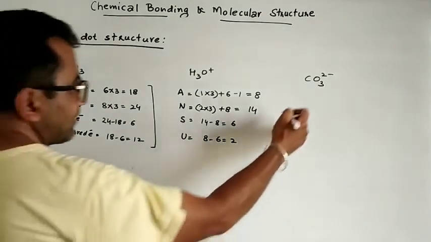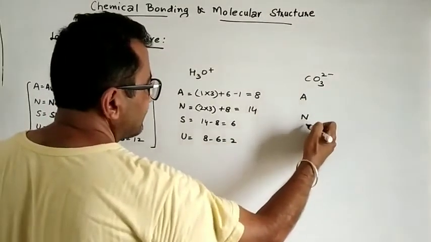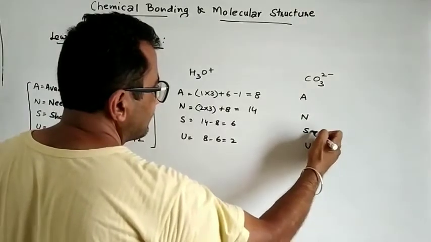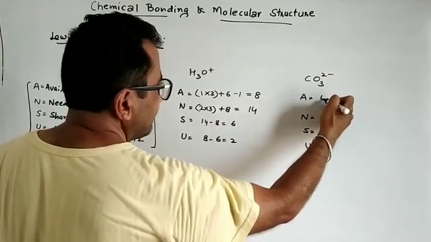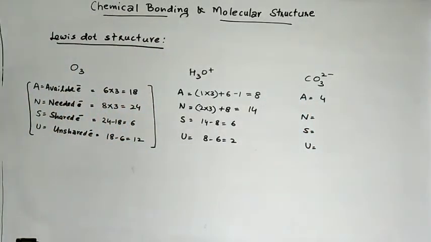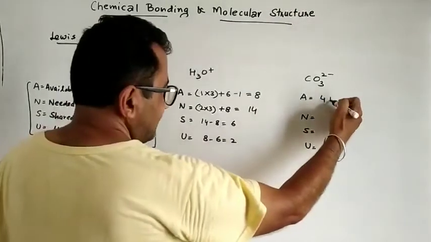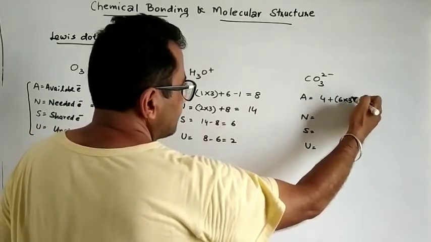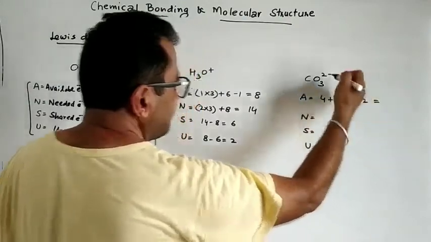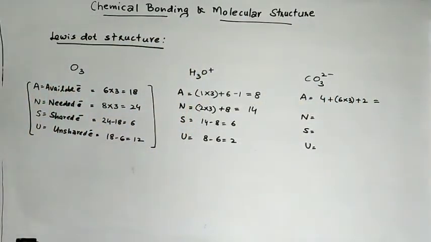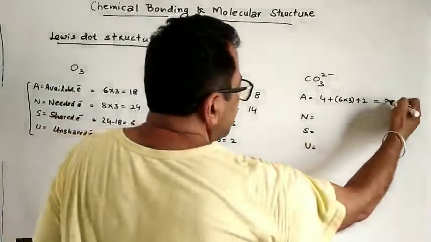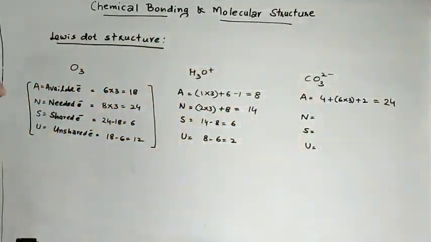Let's see it for the carbonate ion. Available valence electrons of carbon, 4, plus valence electrons of oxygen, 6 each, and these are also added because minus 2 means we have 2 extra electrons available. So 24 total available electrons. Needed: every atom requires 8 electrons.